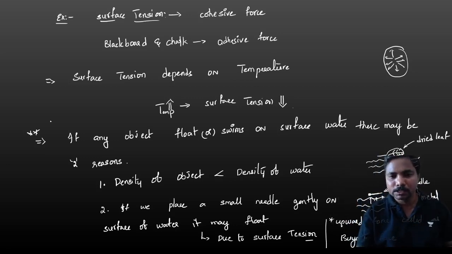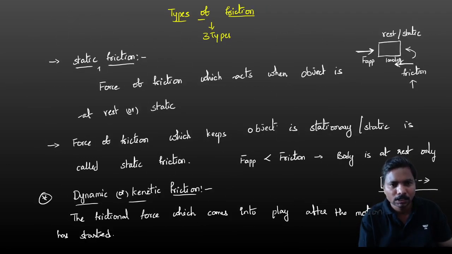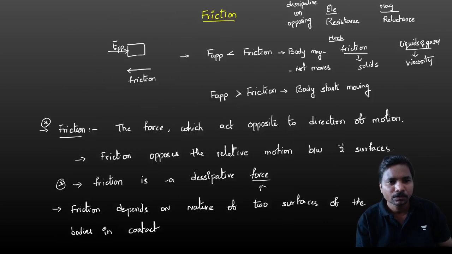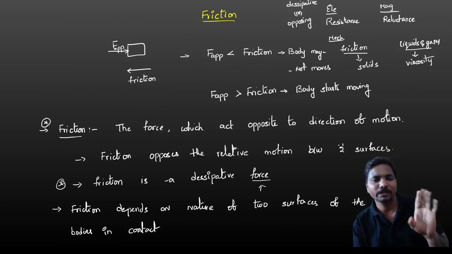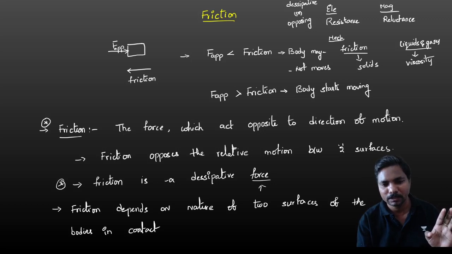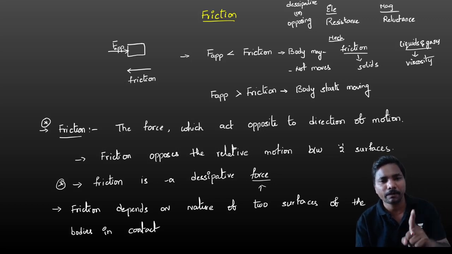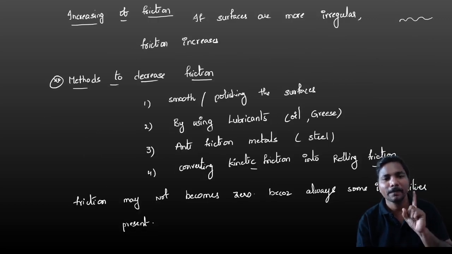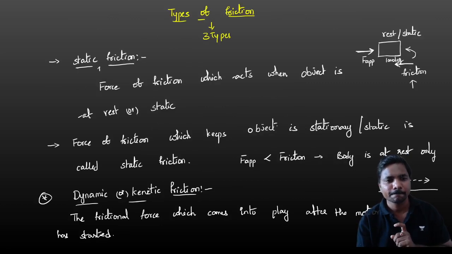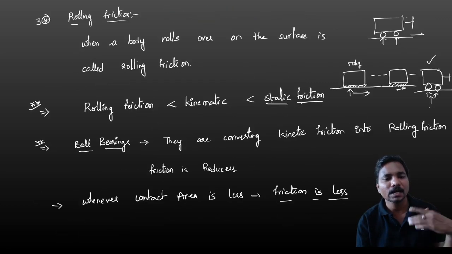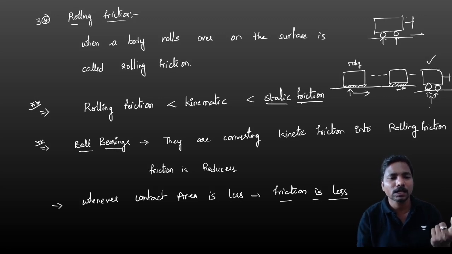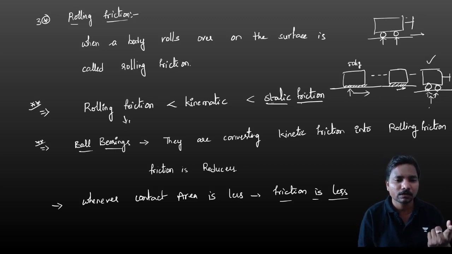So in this session we have a few important points. The first one is the friction definition. Second is which type of force friction is, a dissipating force, and methods to decrease friction, and which is the high friction and which is the low friction. Static is high, rolling friction is low.